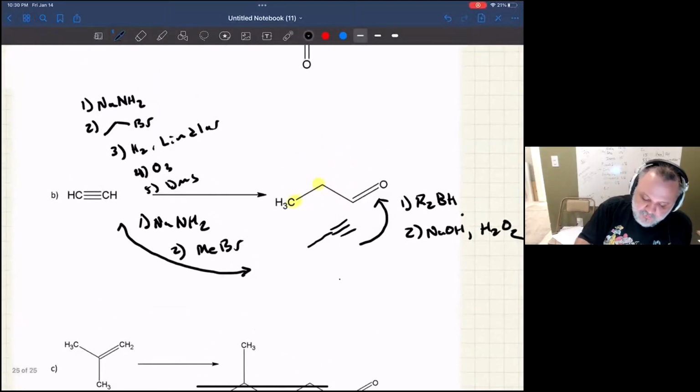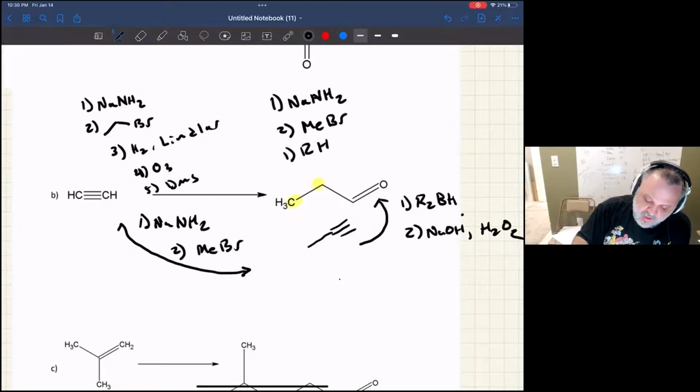So another possible solution would be sodium amide, methyl bromide, and then hydroboration oxidation.